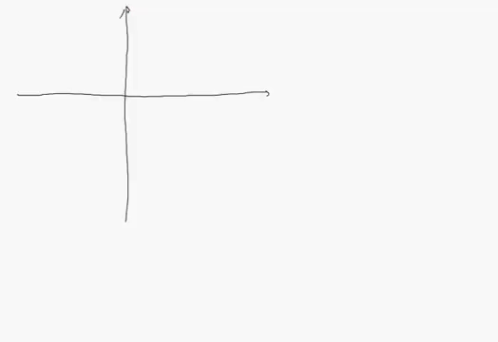So let's first plot the vertical asymptotes for the cotangent function. So we know the cotangent function has vertical asymptotes at x equal to k pi, right? So k is equal to 0, then the vertical asymptote is the y-axis.